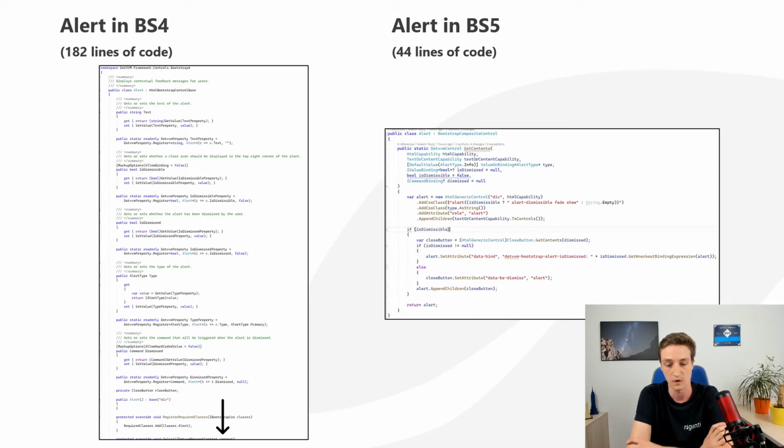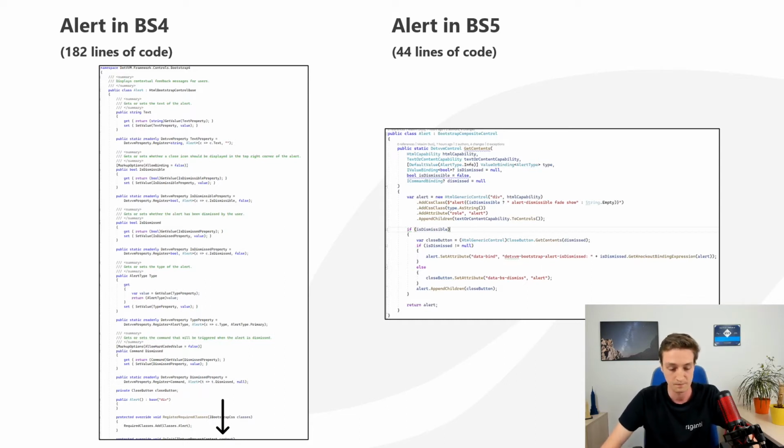And on the right side, you see the same alert. It's basically the same control, but in Bootstrap 5. It gives a developer the same control API, so the properties are basically the same, and the control has the same features. But it doesn't take so many lines to implement, and it's also very obvious what the control does from this method body, as you can see.